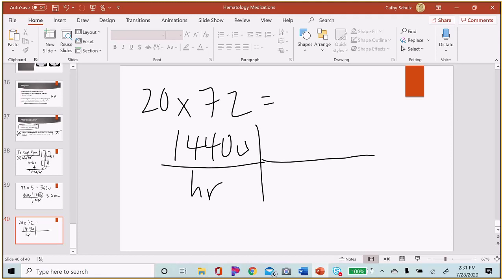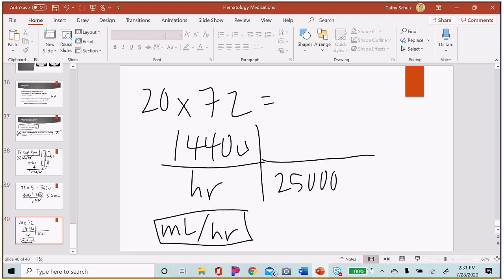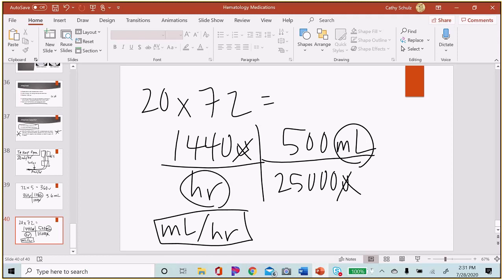But when I'm running the infusion pump, the IV pump, I have to know what I'm giving in milliliters an hour, because that's how I set up the pump. So with my concentration of the bag, I can get rid of units, and I'll be left with milliliters per hour.